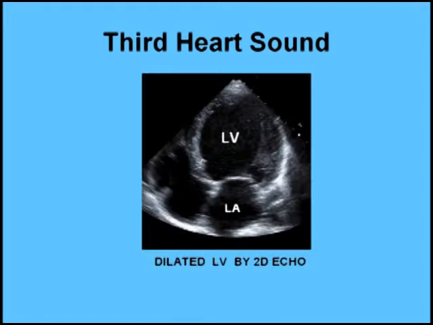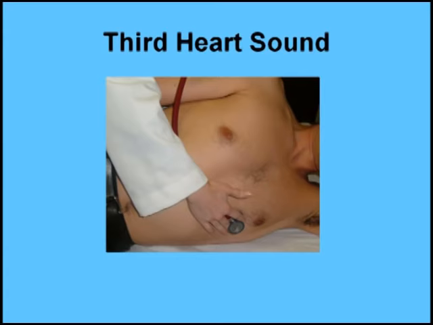In those over the age of 40, a third heart sound usually indicates decreased left ventricular function. A third heart sound is usually heard with the bell of the stethoscope at the apex.